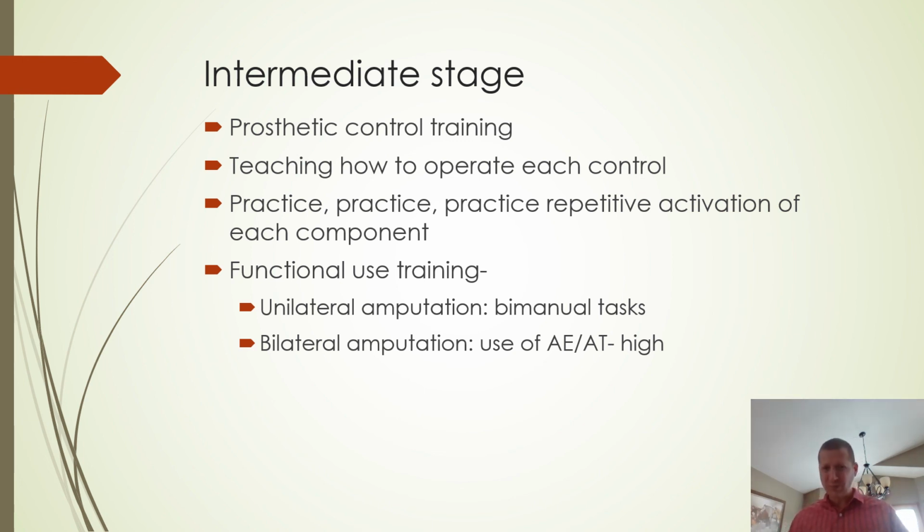In one of the videos I showed, it talked a little bit about OT, and they were having him stack those little paper cups, right? That's really trying to hone in on control of that prosthetic.